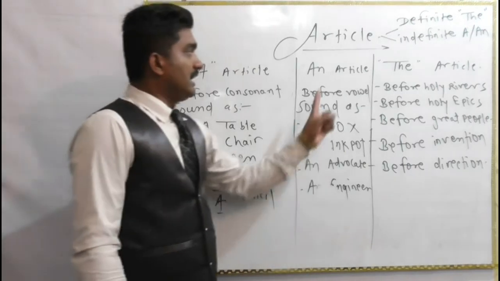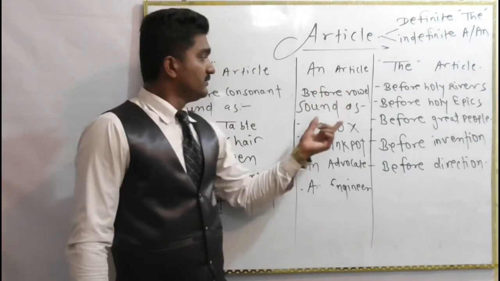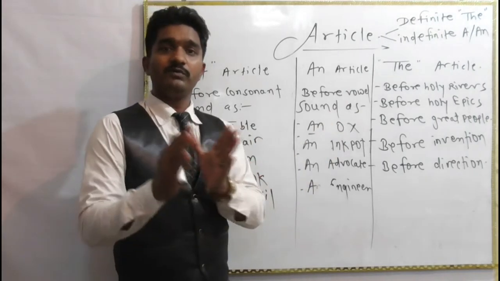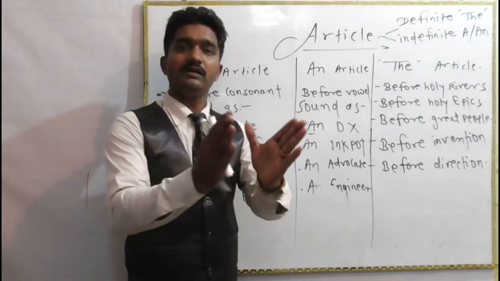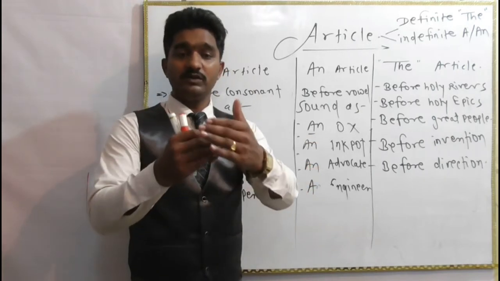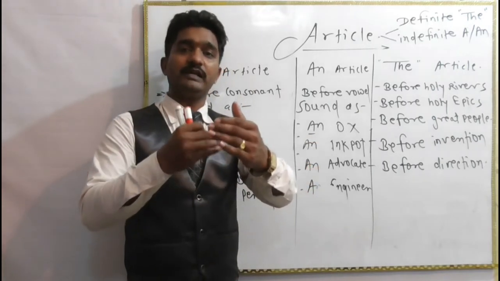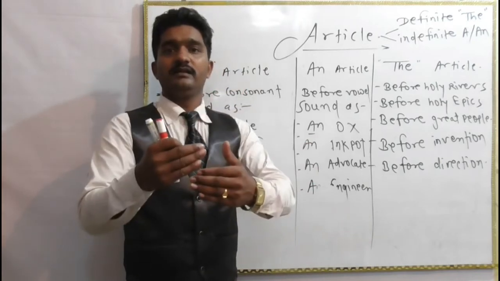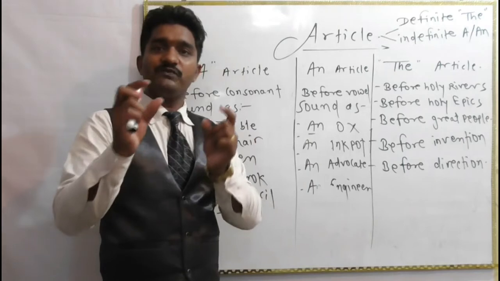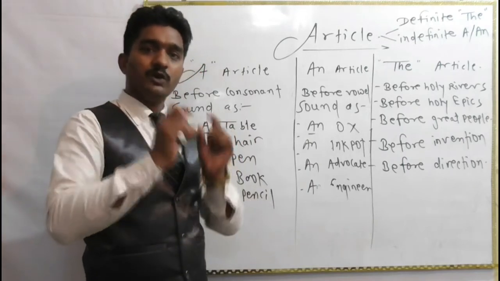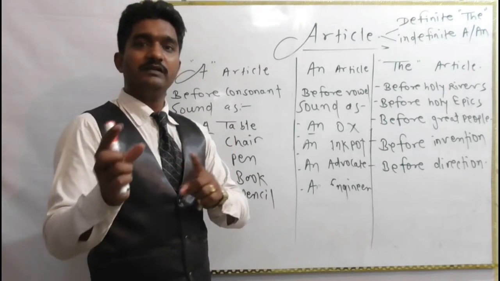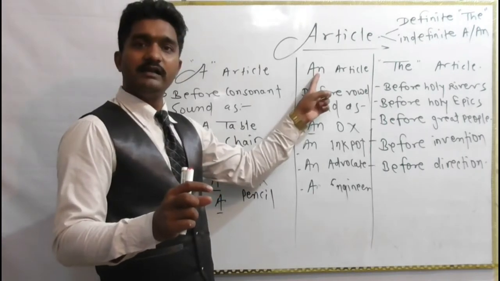Now I will tell you an article first, before the vowel sound. I am not talking about the vowel letter or consonant letter. I am saying about the sound when you pronounce that word. If that word's first sound is a consonant, then use a article. And if that sound is a vowel, then you should use an article.